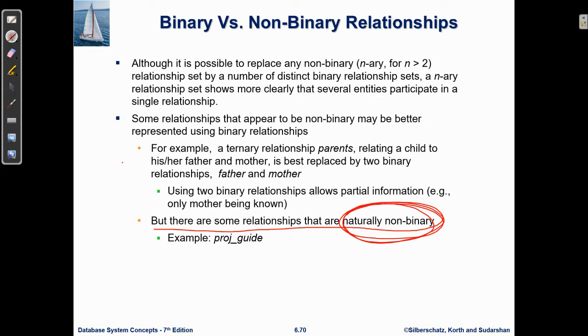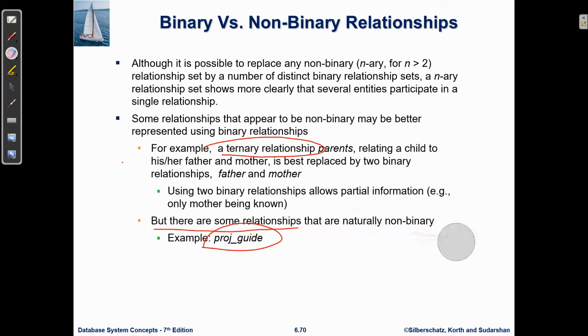An example is project guide. The project guide relationship will always be ternary. This is very important, and I have explained this in detail.